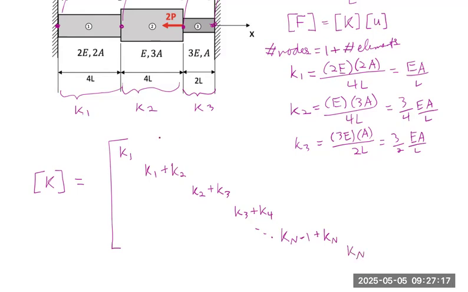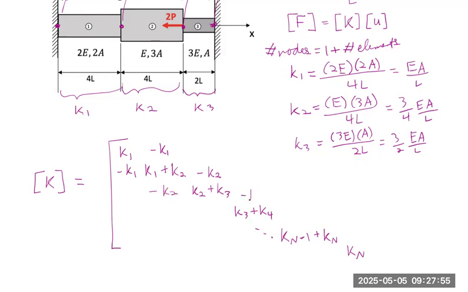And then on both sides of this diagonal going down, we're going to have also some sort of pattern. So for instance, to the right of K1, we are going to have negative K1. And on the other side, we're also going to have negative K1. Next to the K1 plus K2, we will have negative K2, and over here we have negative K2.